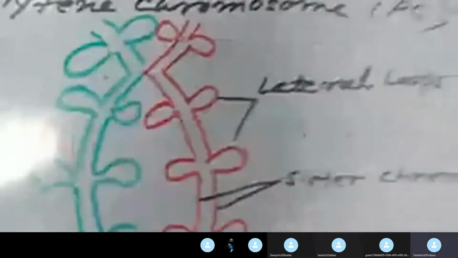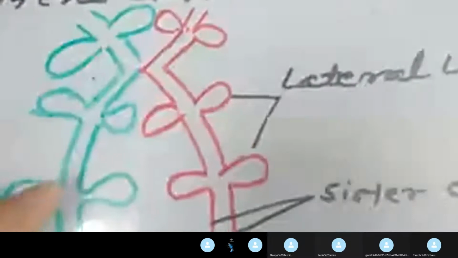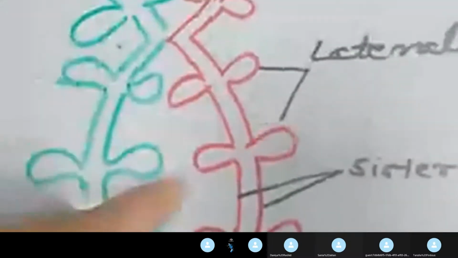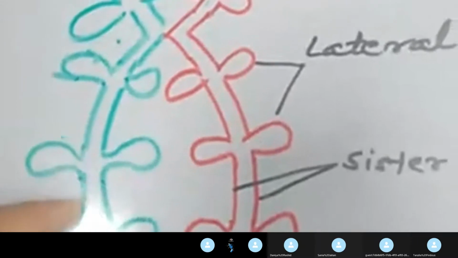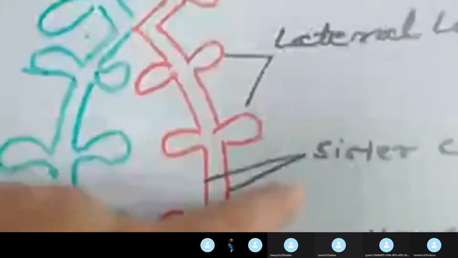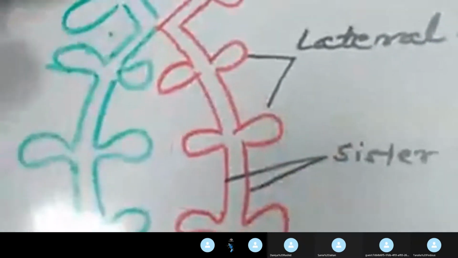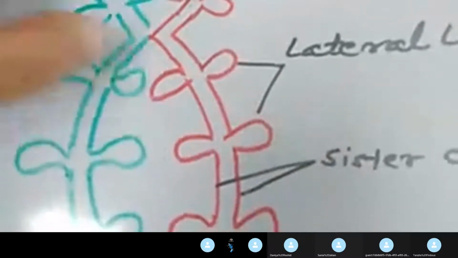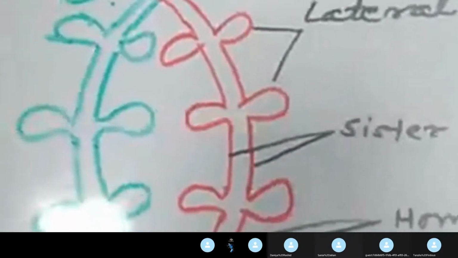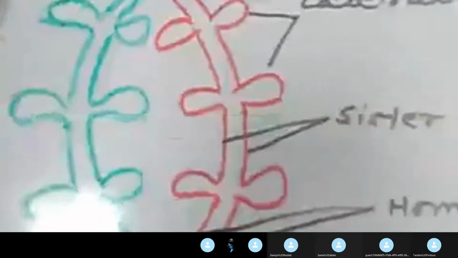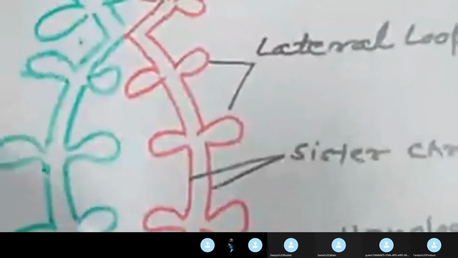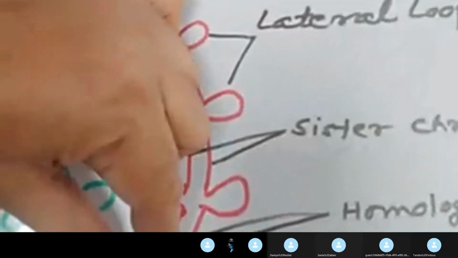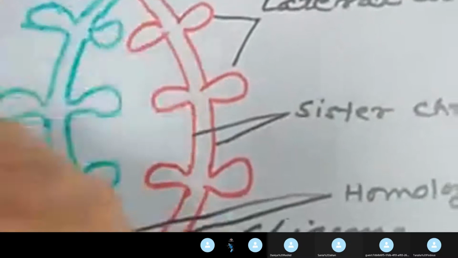I have shown the two homologous chromosomes in different inks. Why have I shown one homologous chromosome in green ink and another in red ink? Because this is the paternal chromosome and this is the maternal chromosome. These two homologous chromosomes remain connected at the point of chiasma. This is the point where the two homologous chromosomes are attached together, known as chiasma.